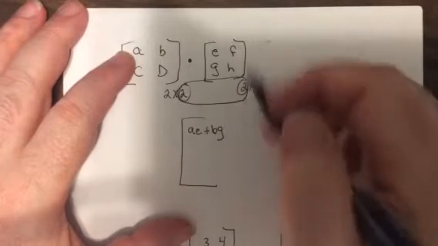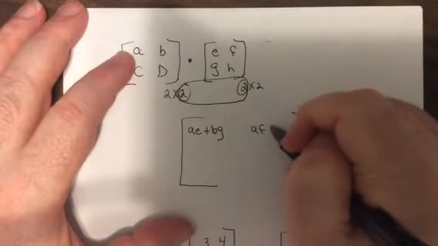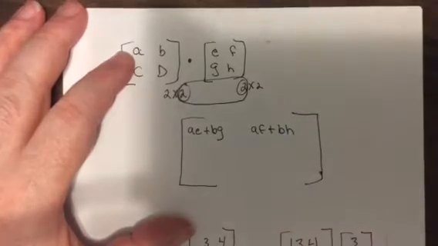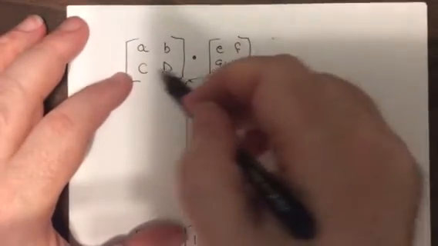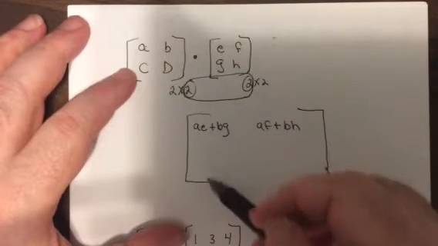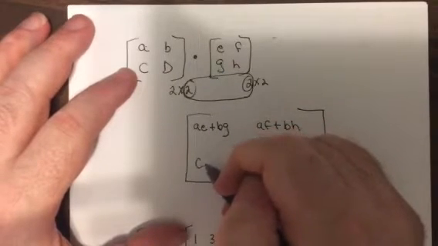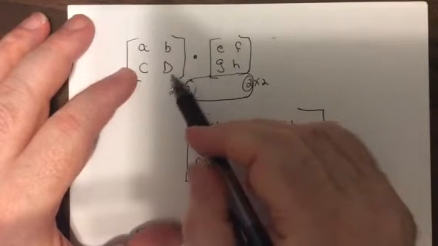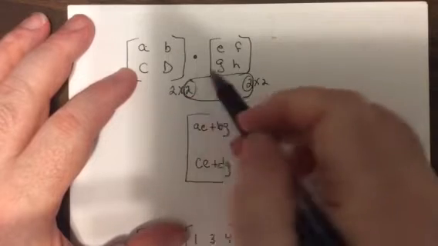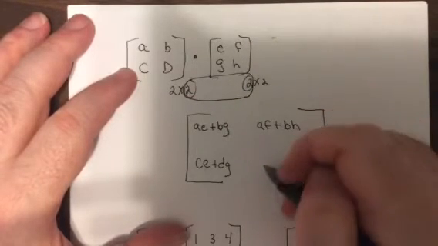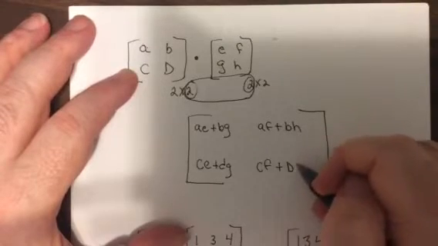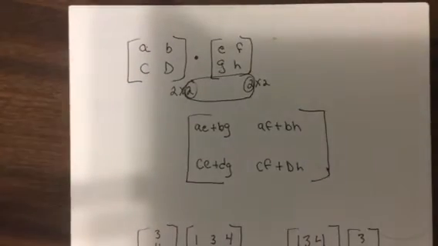So that'd be A to F plus B to H. Now, row 2, column 1 would be CE plus DG. Then C to F plus D to H. Oops, I used capital letter there for some reason.